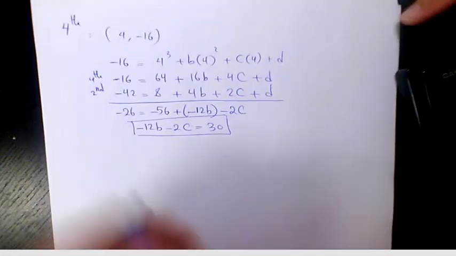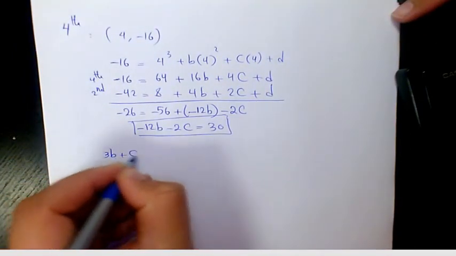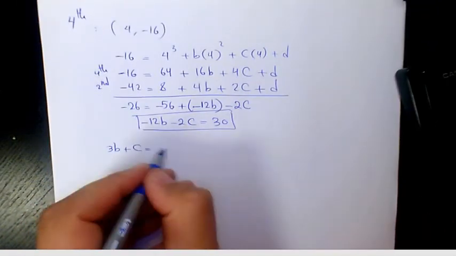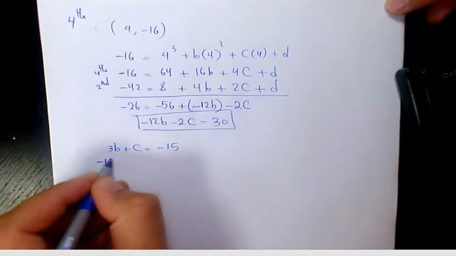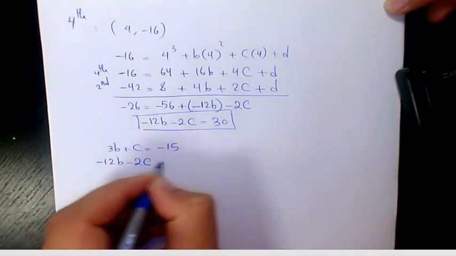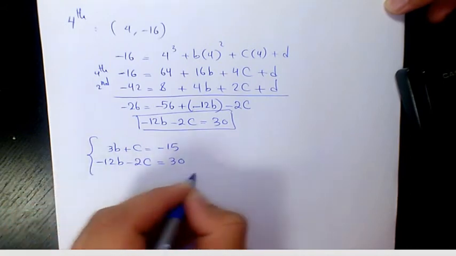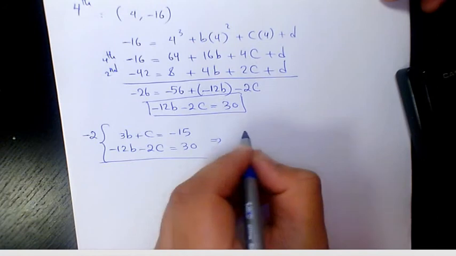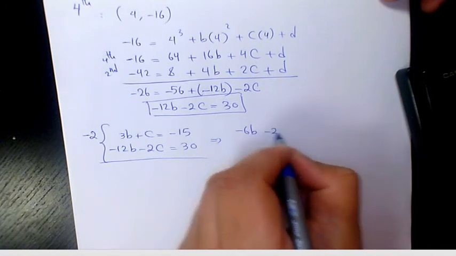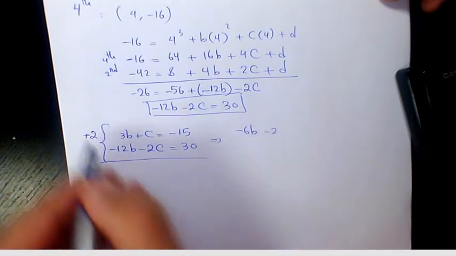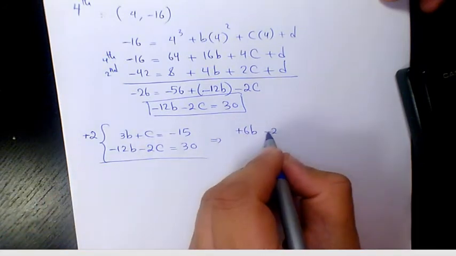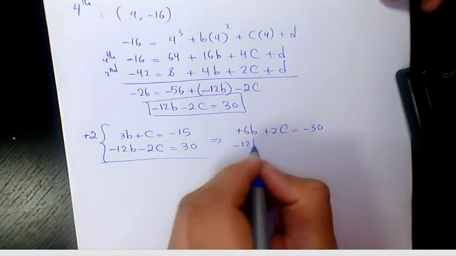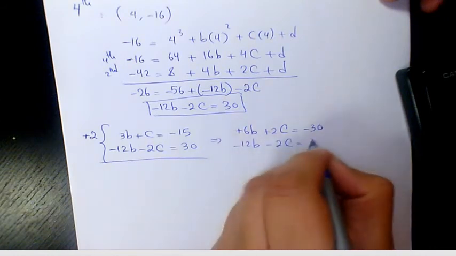So now if I compare 3b plus c equals negative 15 that we had earlier with negative 12b minus 2c equals 30, when you solve it, if you multiply the first one by positive 2, it's going to be positive 6b plus 2c equals negative 30, and here we have negative 12b minus 2c equals 30.